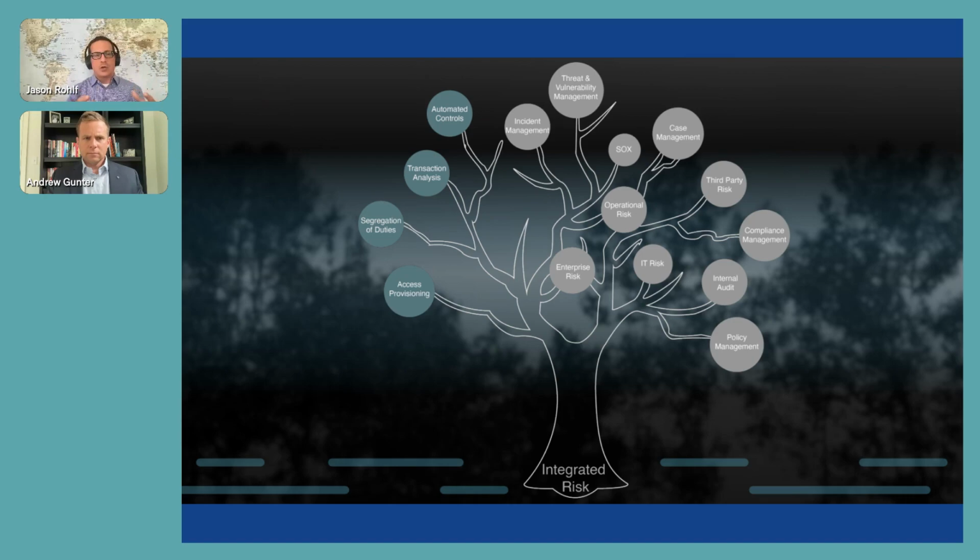It's going to become another component, another potential source of nutrition, or another source of energy that that ecosystem will be able to feed off of. So it's something that, if used correctly, can actually really enhance and strengthen that ecosystem of integrated risk.